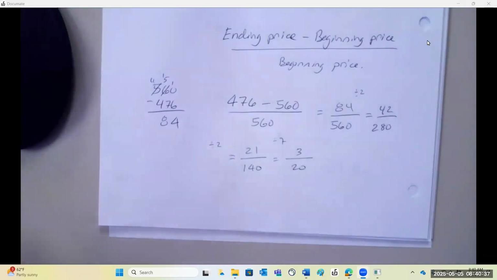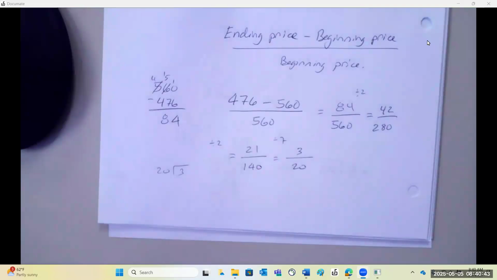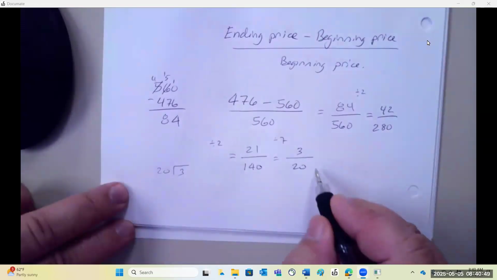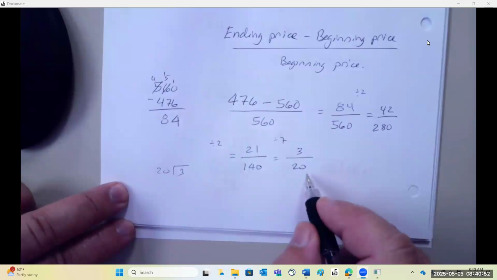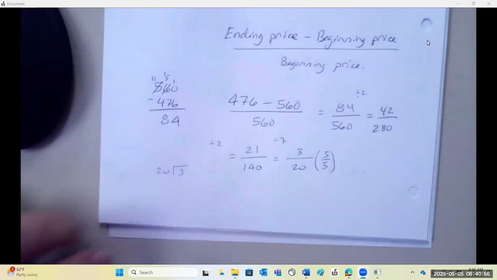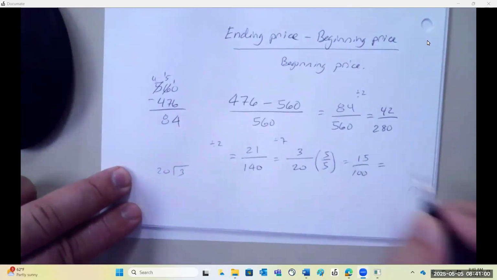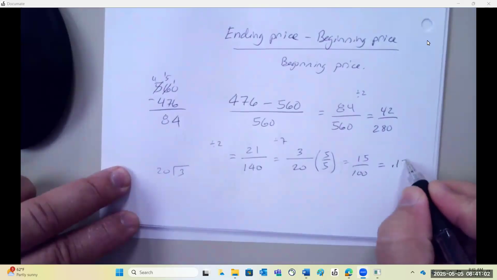Now, you could do 20 going into 3, but there's an easier way. What can you do now to make it easier? Remember, our objective is to get the bottom to be 100. If we multiply top and bottom by 5, we get 15 over 100, which is 0.15.